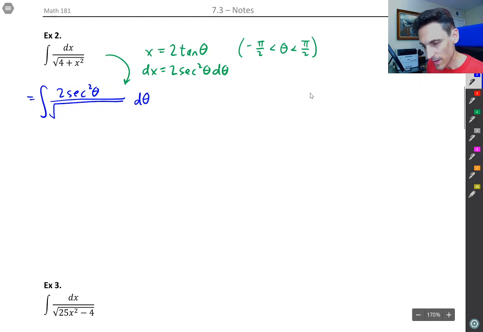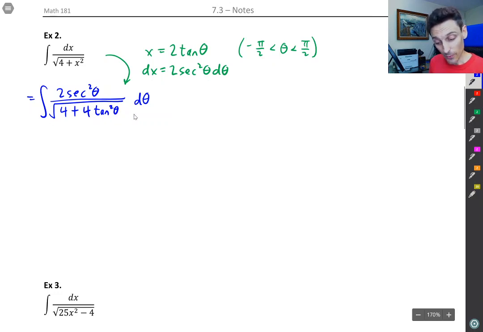And then we have on the bottom the square root of 4 plus, now x squared, I'm just going to jump in and write it as 4 tangent squared theta, just to save that extra step of squaring the x value.